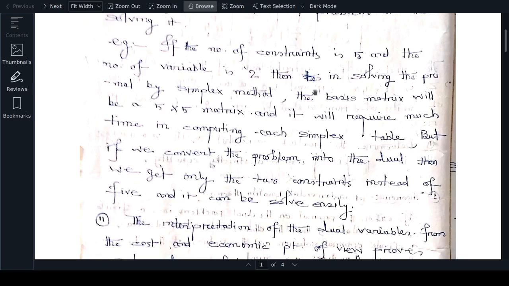If we use a dual problem, then one important thing is our labor of computation will be less, and another one is that from the cost and economic point of view it proves extremely useful in making future decisions in the activities being programmed.